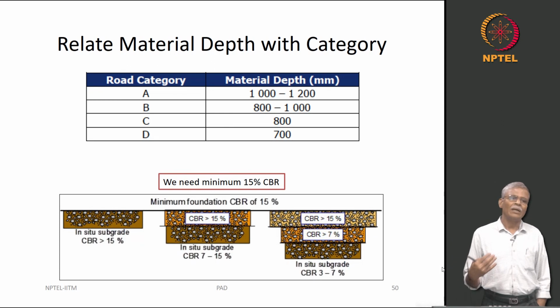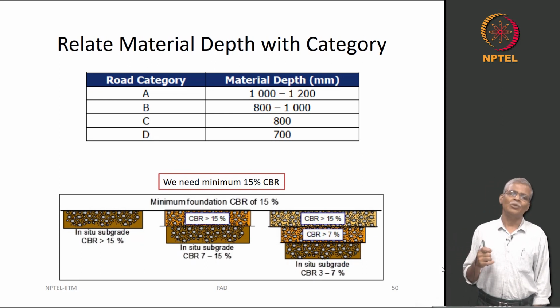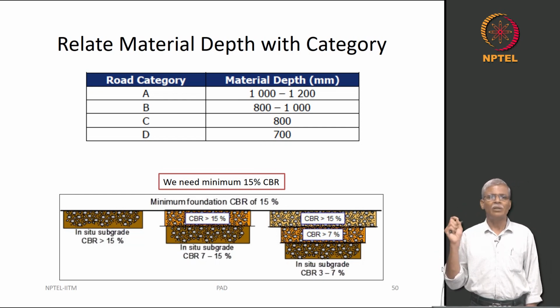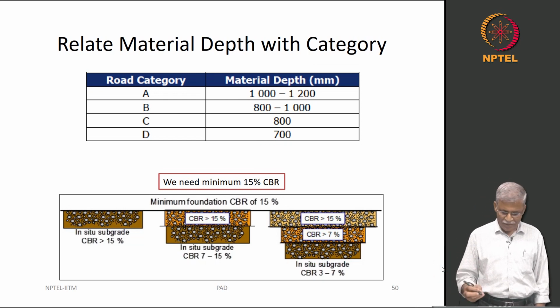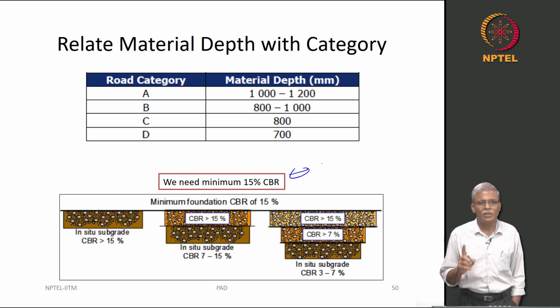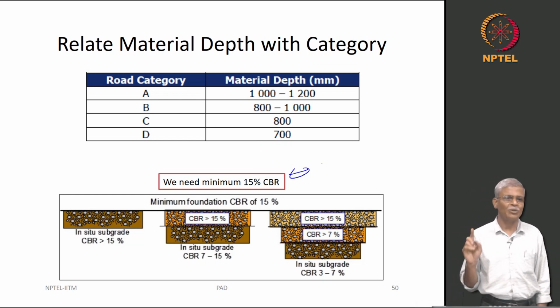And another important thing, again a subtle issue that is raised in IRC 37, but not read and understood with the intent with which it is meant. See, for instance, the South Africans will always very clearly say for any pavement design you need a minimum 15% CBR in situ subgrade.